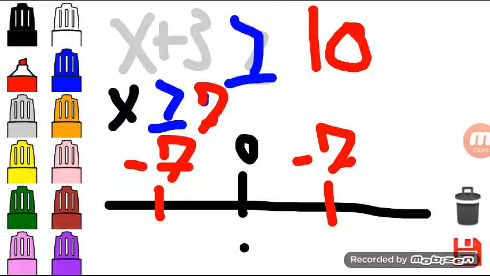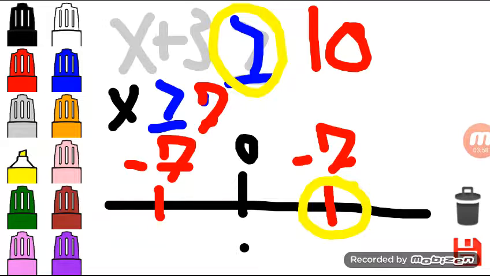Because of this greater than or equal to sign, we are going to go to 7 first of all, and then because it's greater than or equal to, we're going to fill in that circle.